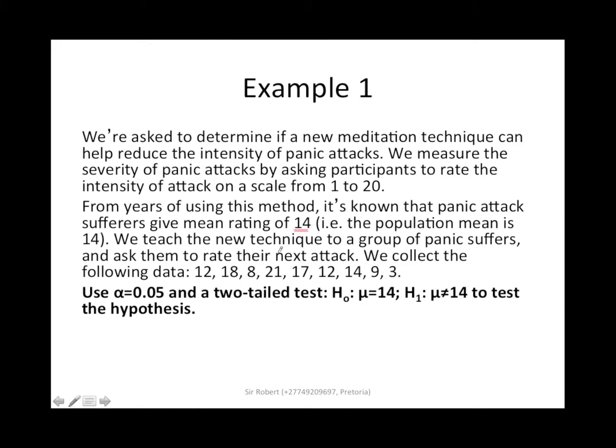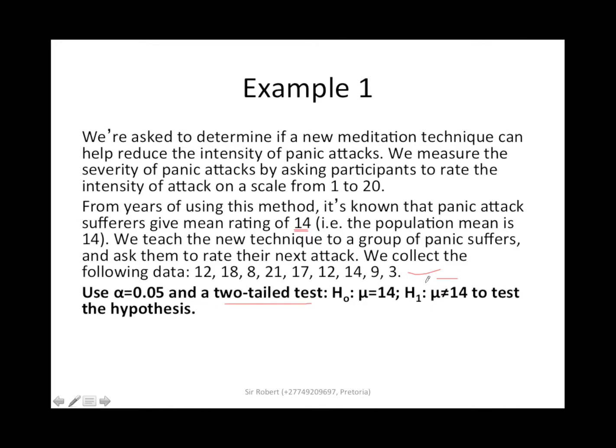We teach the new technique to a group of panic sufferers and ask them to rate their next attack. We collect data. Use alpha equals 0.05 and a two-tailed test.